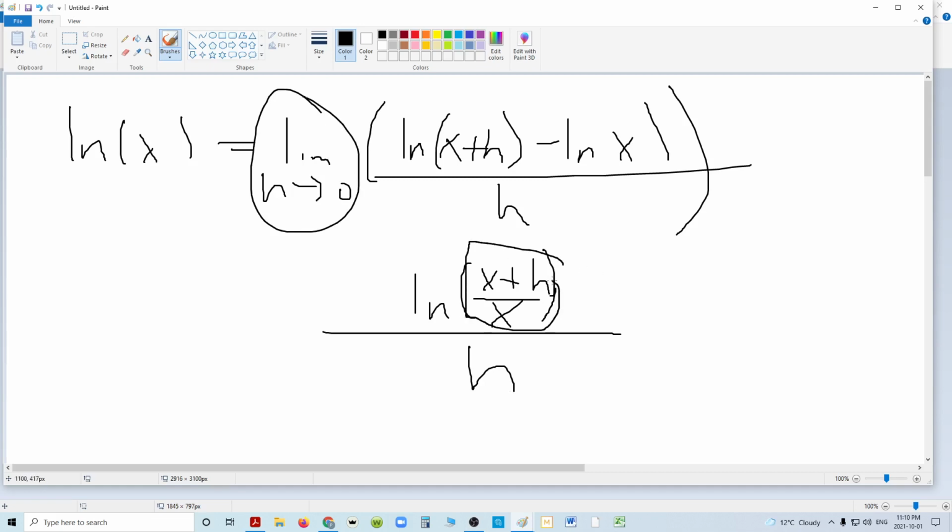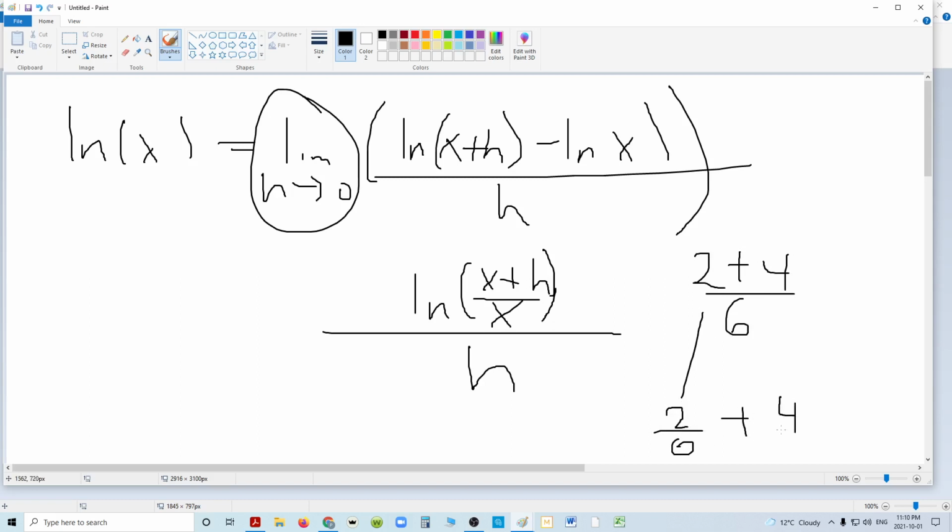Also notice this fraction, that any fraction, when I have 2 plus 4 over 6, I can rewrite it as 2 over 6 plus 4 over 6. Now it's clear up here that this is 6 over 6, it's 1. But down here it's 1/3 plus 2/3, and it's also 1.